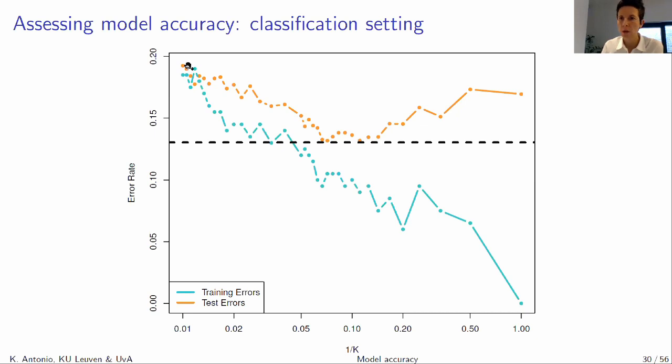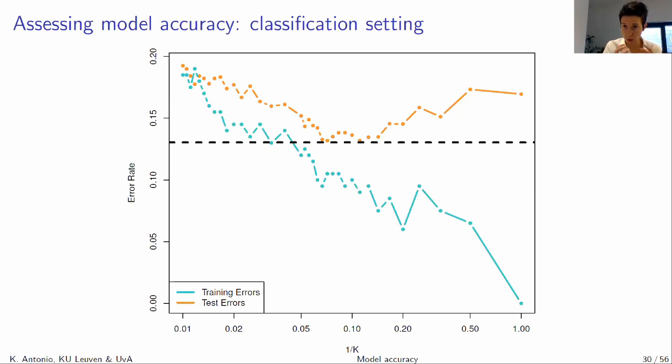Which level of k will you pick? Well, you will pick a value for 1 over k, in this case, that is around these values. And you'll see that you have some freedom there to choose a value for k that makes sense. So we call the k here a tuning parameter. So it is a parameter in our classification model, for which we need to pick a value, but we do not have an analytic expression for this parameter k.